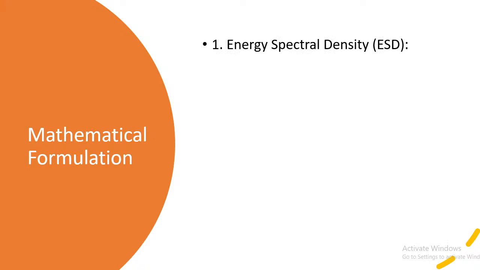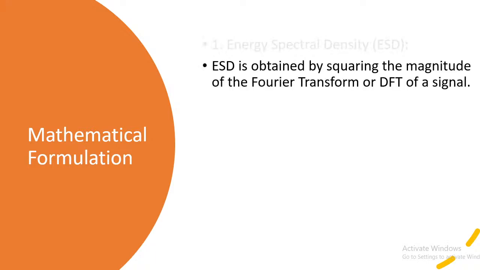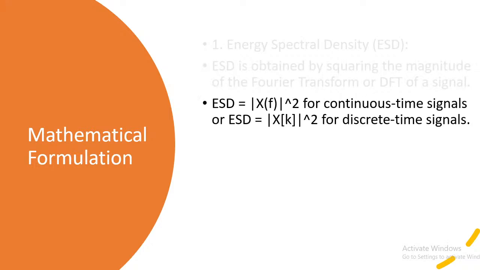Let us look at the mathematical formulation. For ESD, the energy spectral density, take the magnitude of the Fourier transform or DFT of the signal and square it. So ESD is |X(f)|squared, or |X(k)|squared if it is a discrete time signal.